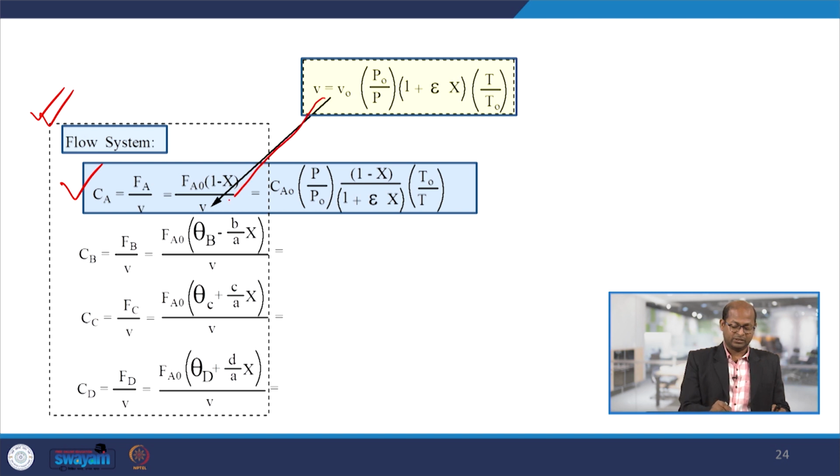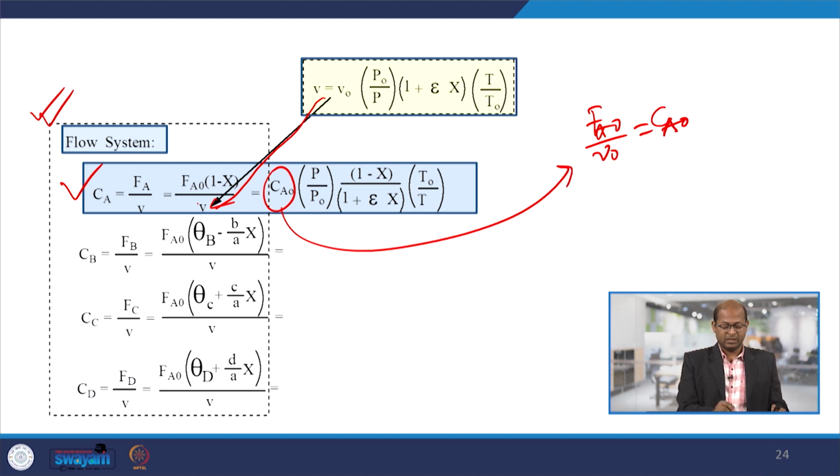Here V equals V naught we put, and F A naught by V naught would be C naught. That is why it comes in terms of this. So if we substitute the small v here, it will be in terms of pressure, temperature, conversion and concentration.